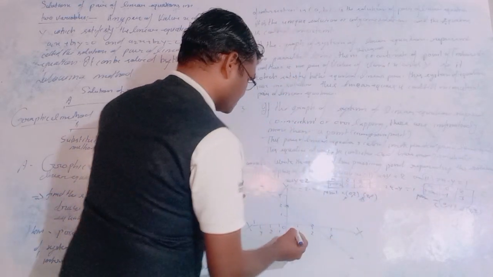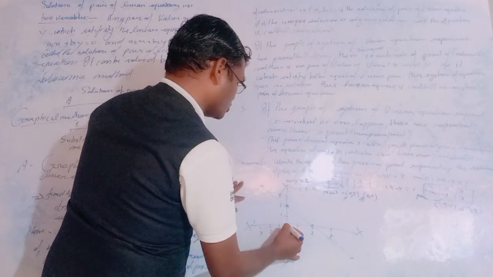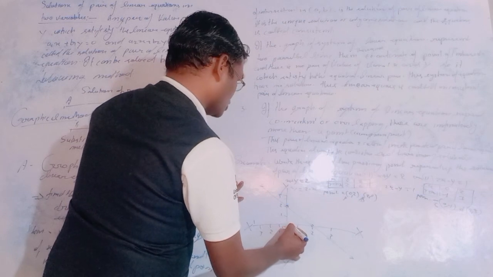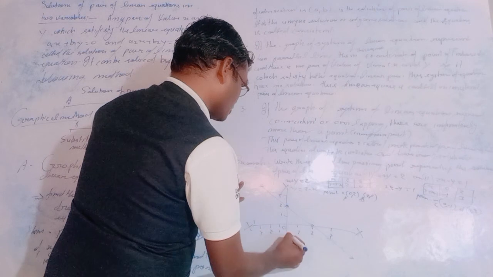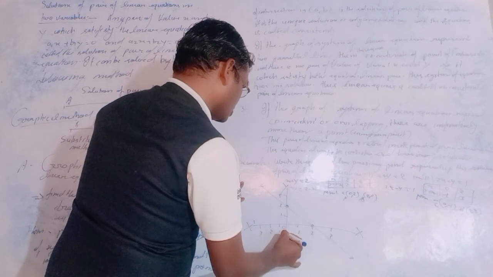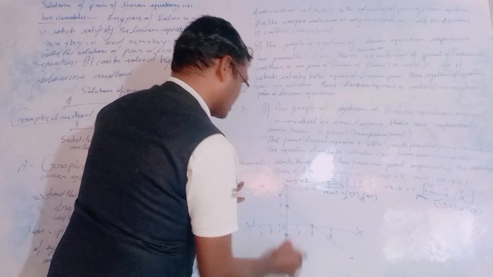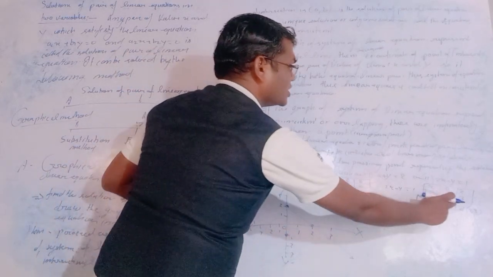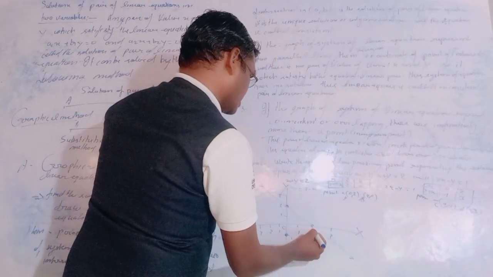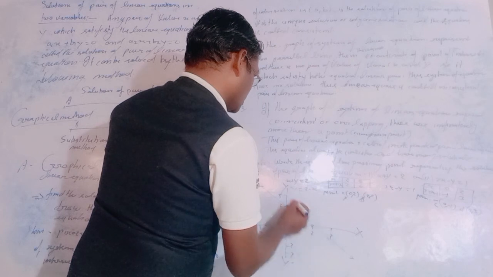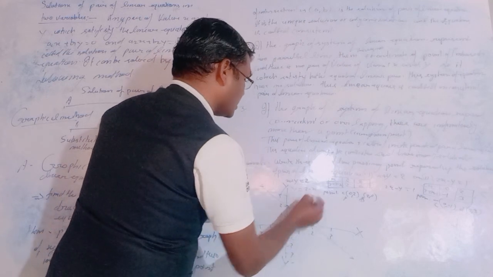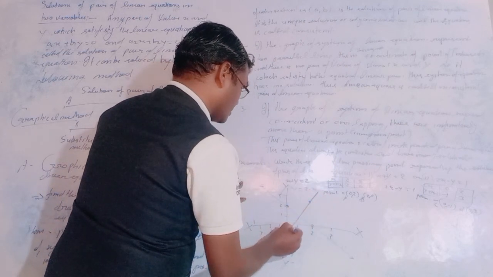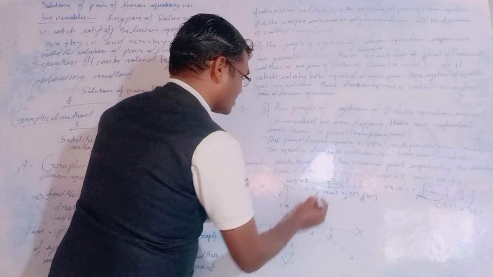0 and minus 1. x is 0 and y is minus 1. So it becomes like this, 0 and minus 1 here. And the second is 2 and 3, x is 2 and y is 3. So draw a line like this.